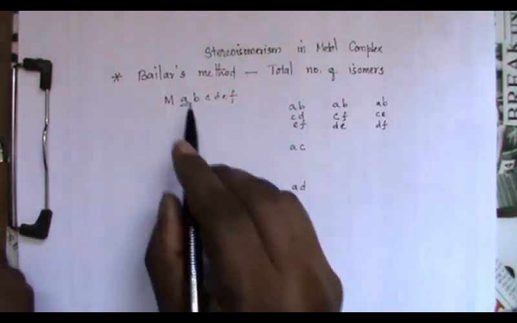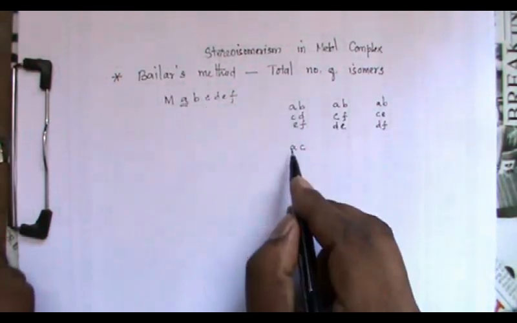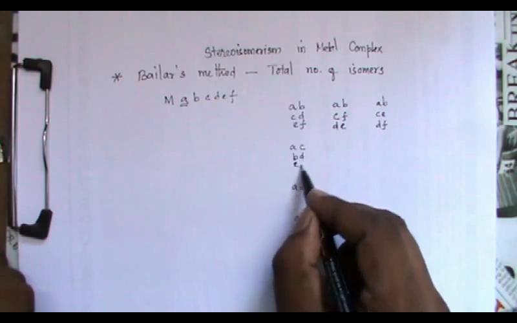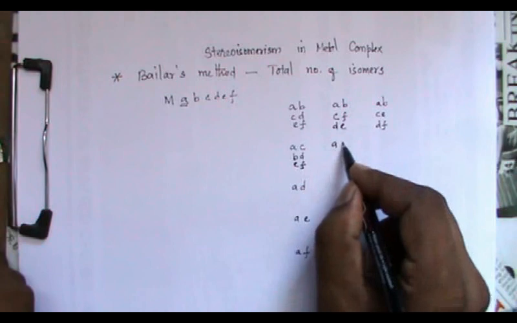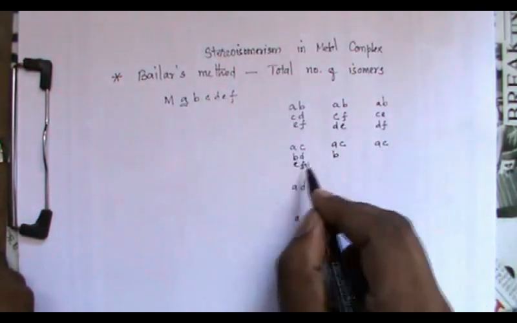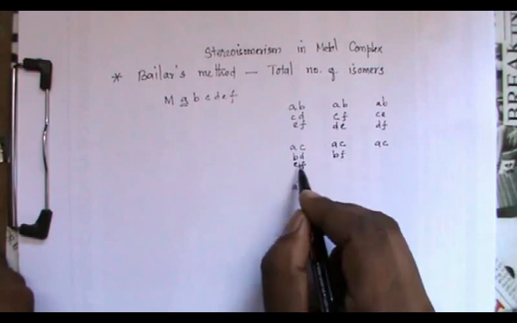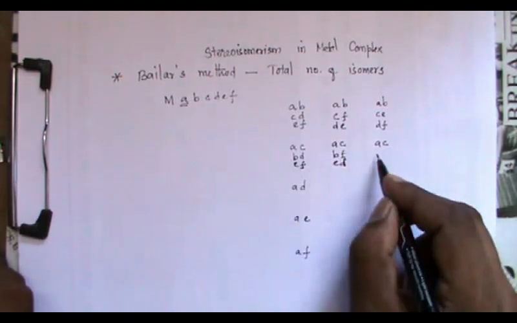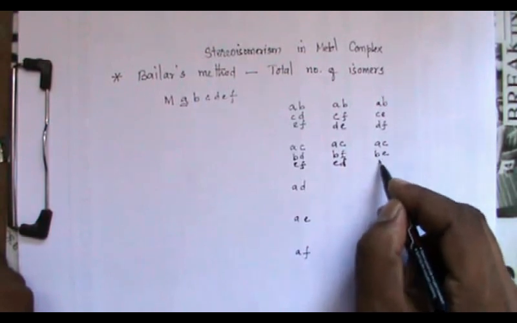Similarly, let us consider the next one. AC I have taken. The remaining ligands are BD and EF. I go for cross ligands like this. ED. Next one BE and DF.